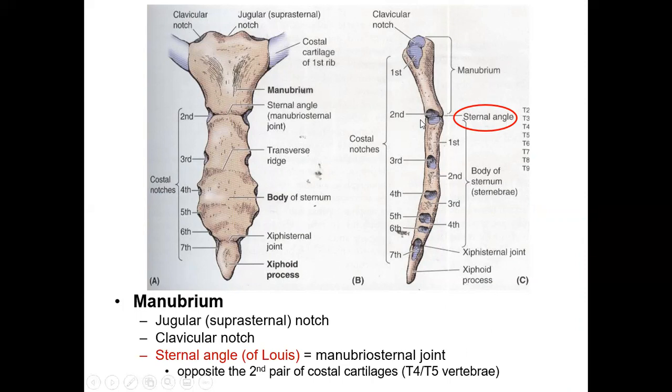It is located opposite to the second pair of costal cartilages. If you draw a line from front to back, it passes between thoracic vertebra number 4 and thoracic vertebra number 5. This is the sternal angle, or manubriosternal joint.